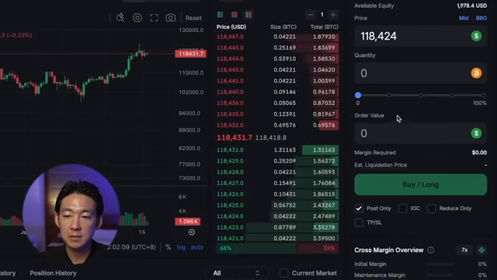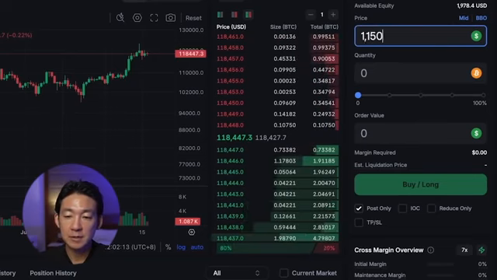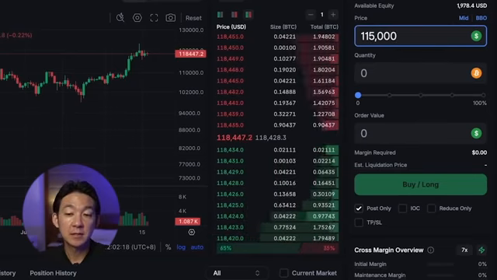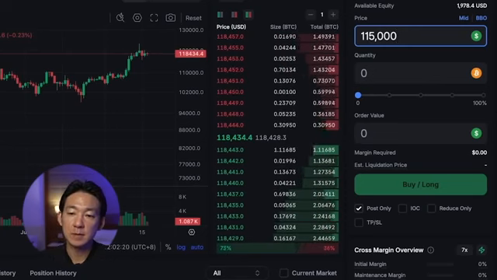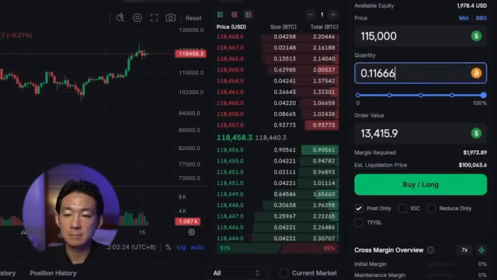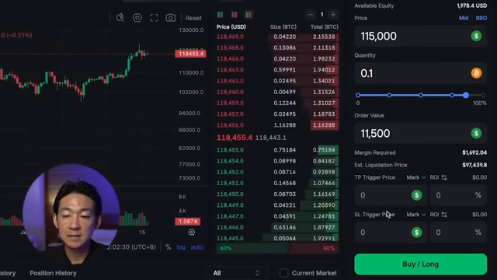Let's say I'm going to do a buy the dip order. So I'm going to put a buy order at 115,000, and I'm going to buy, let's say, 0.1 Bitcoin and TP and SL. This is something I'm going to place.